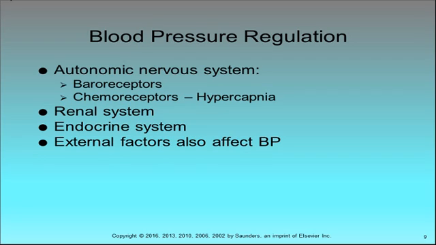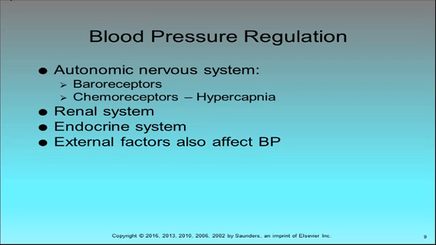So anytime that there is a decrease in a patient's oxygen level, these chemoreceptors send impulses along the vagus nerve, and they help activate a vasoconstriction response and raise the blood pressure. Everything starts to constrict and helps to raise the blood pressure.